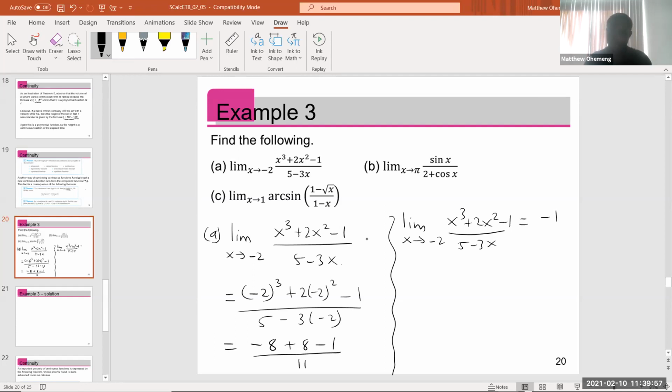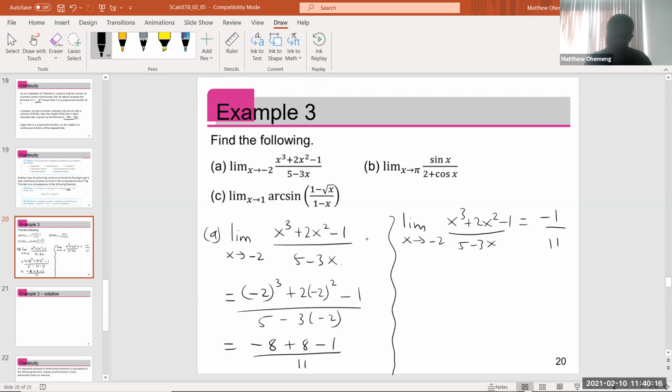It's just -1/11. Now, because we didn't have any undefined cases here, you can see that -2 is in the domain of this rational function. So the function is continuous at what? At -2. That's why when we plug in, we get the direct answer. So we are done.